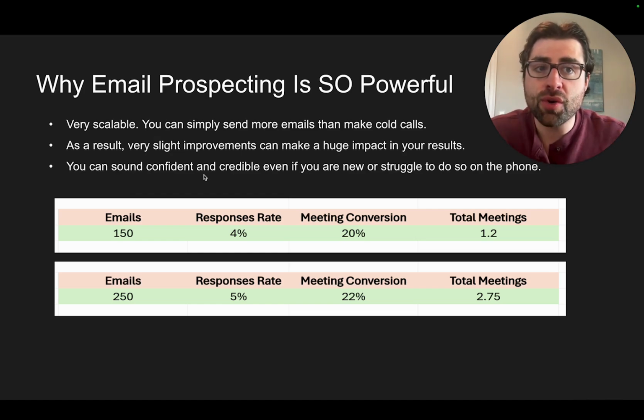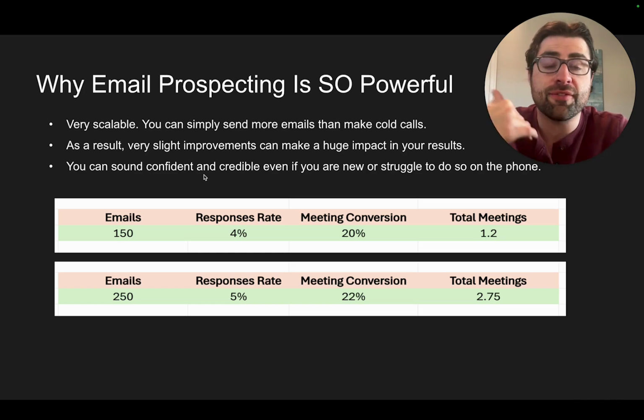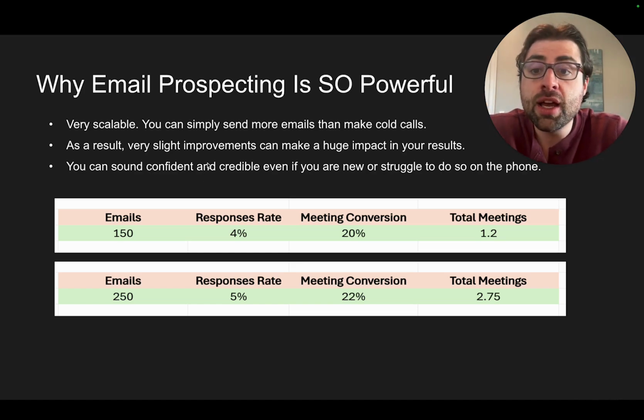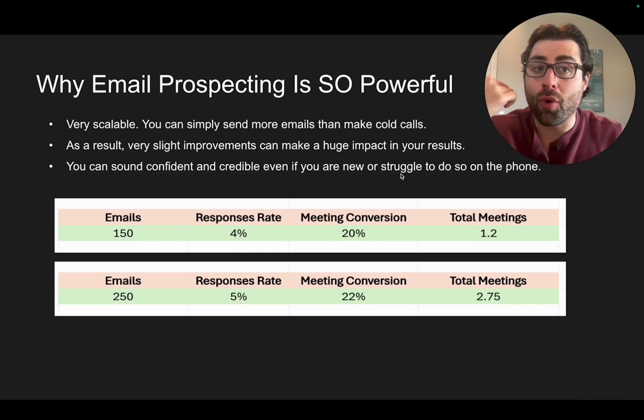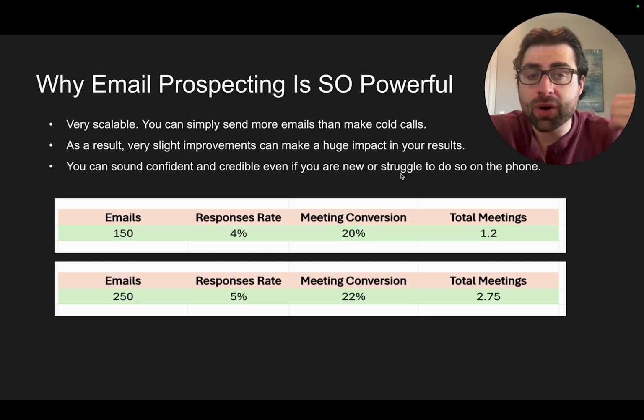So that's a pro and a con, because over the phone, that can be a huge advantage if you have a strong tonality. But if that's something you struggle with right now, words are words. People are going to interpret it however they read it. So you can sound confident and credible, even if you're a brand new SDR. You can take a template you know works within your organization, and whether you have 1 month of experience or 24 months of experience, you can sound confident and credible.